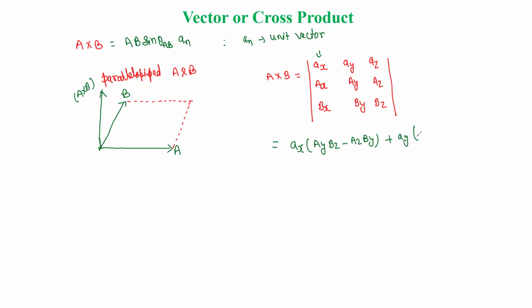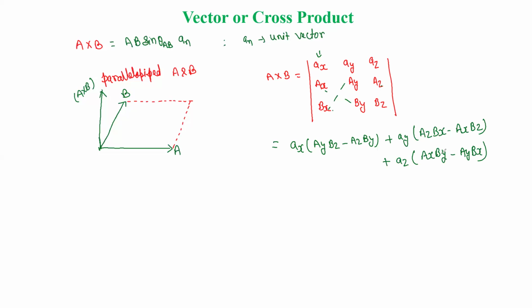For this we get Az Bx minus Ax Bz, diagonally multiplied. Then, plus the third component az, for which these two will be multiplied: Ax By minus Ay Bx. Like this, we are able to write this.